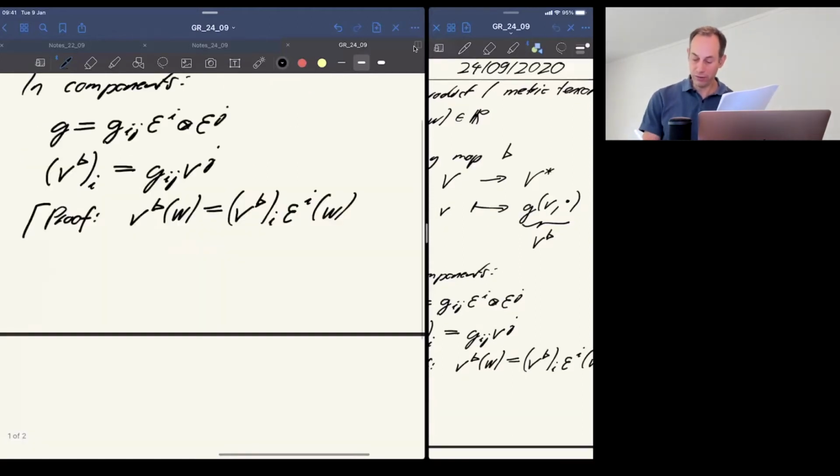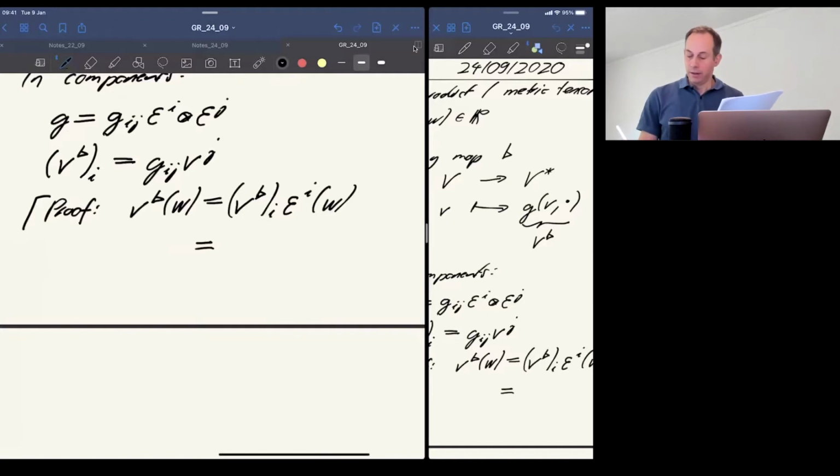That's just the rewriting in that sense. So I test whether the expression we got is a good one. So we get, I apply G_ij to V^j, that's the expression for the components of V♭.